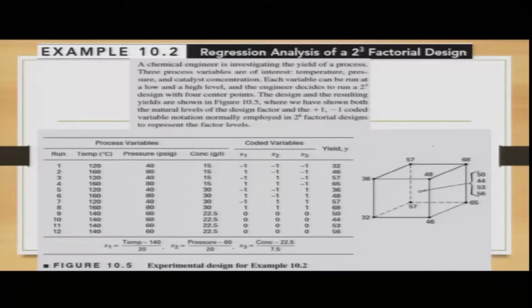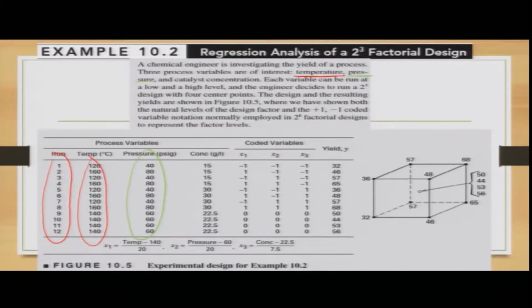So, the runs are given, the temperatures are given. So, temperature is basically one of the variables. So, the pressure is given, the pressure in pound per square inch.